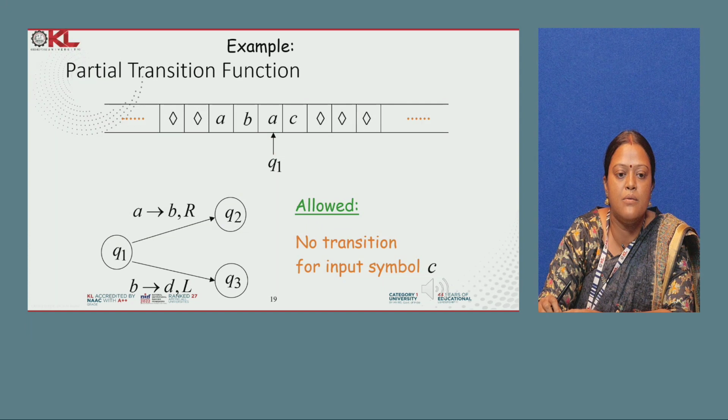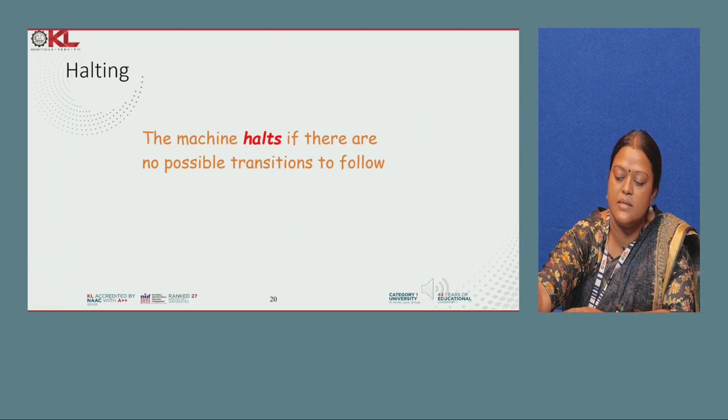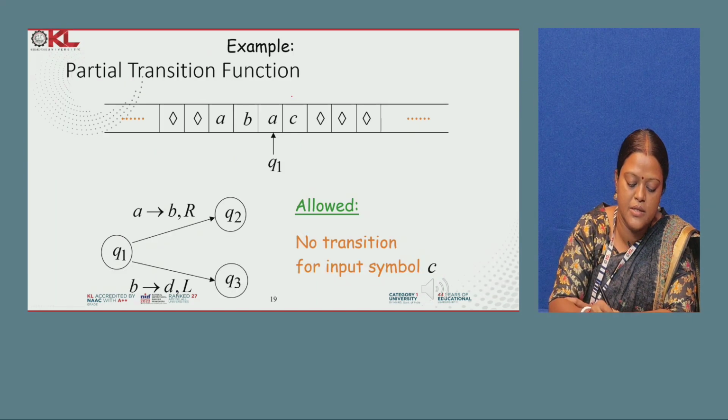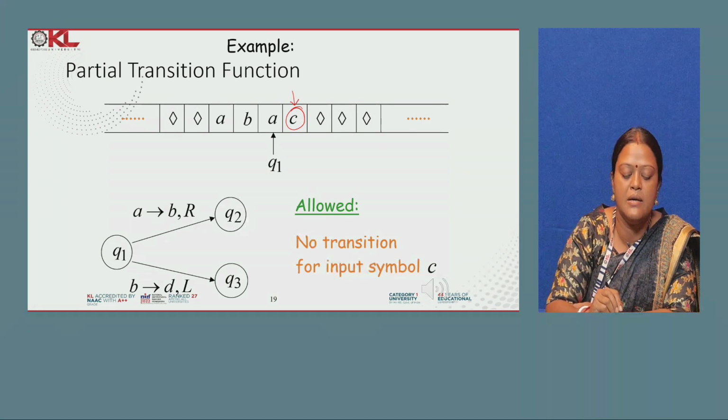This is a Turing machine with states q1, q2 and q3, where from q1 we can go by reading a or by reading b. There are no transitions given corresponding to the input symbol c. So this is allowed. If you don't need it in your diagram, then it is not mandatory to give it.